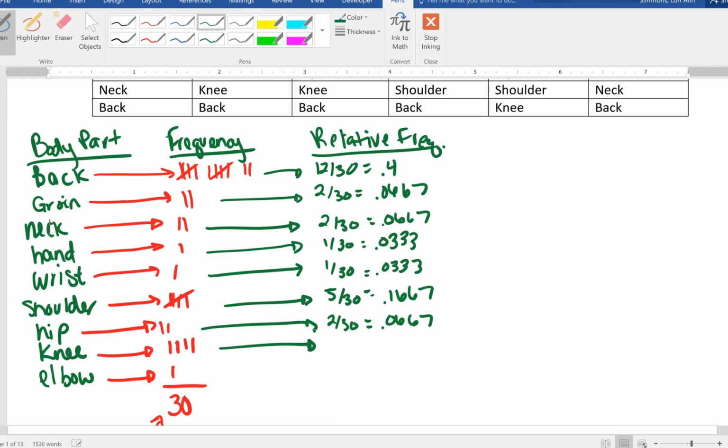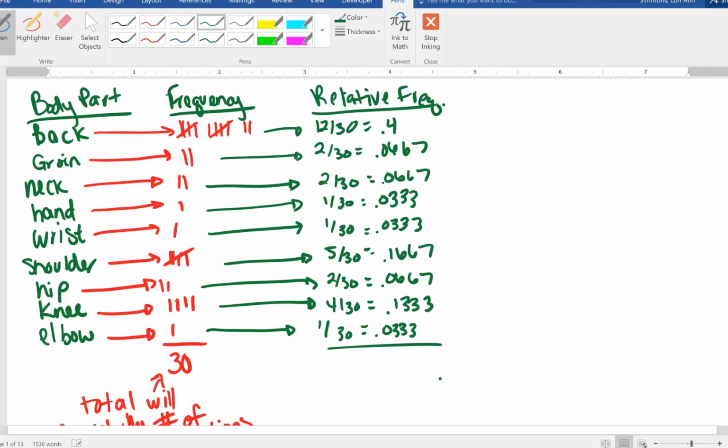Knee, 4 out of 30, 0.1333, and then our elbow is 0.0333. If you add these together, we should get 1 or close to 1.